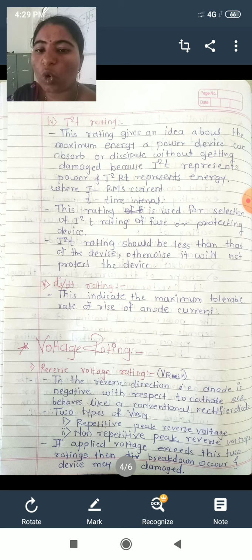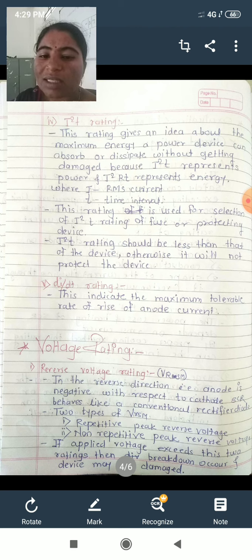Next point is voltage rating. In voltage rating, first is the reverse voltage rating, which is denoted by VRSM. In this reverse direction, that is when your anode is connected to the negative of the battery and your cathode is connected to the positive of the battery, in other words, anode is negative with respect to cathode, at that time it acts as a conventional rectifier.